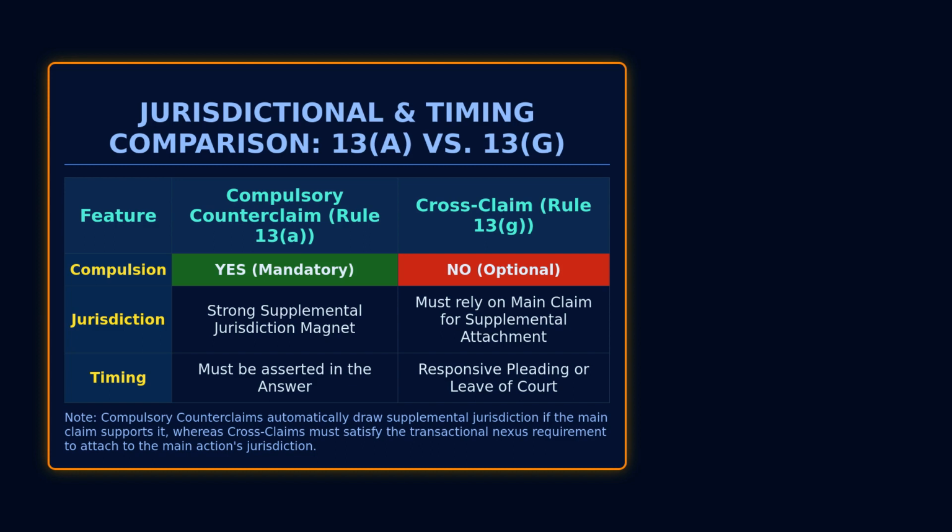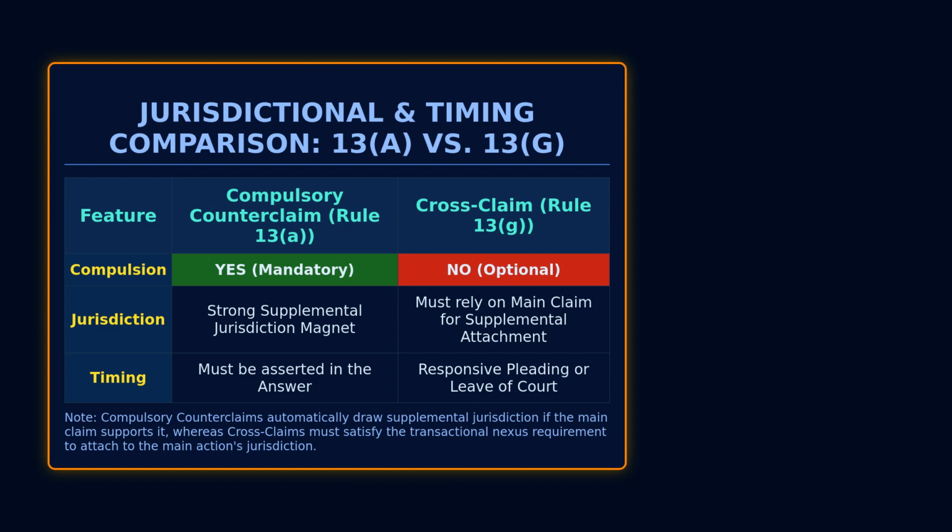If the main claim provides the anchor jurisdiction, the compulsory counterclaim automatically falls under the court's supplemental authority, even if diversity is lacking between the original plaintiff and the counterclaim defendant. Cross-claims, although transactionally related, must rely on that existing anchor jurisdiction to attach supplemental authority. They do not possess the same inherent jurisdictional pull.